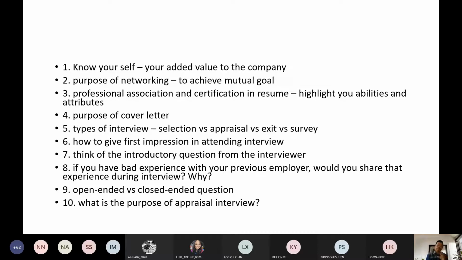And the third paragraph, you thank the employer for paying attention to your application.